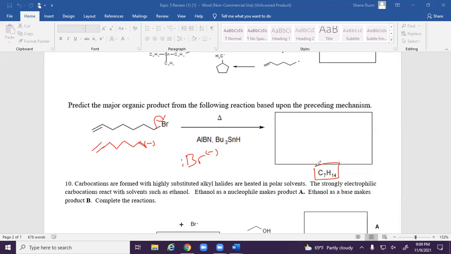The concept for figuring out whether something has double bonds or not, the degrees of unsaturation. How do you remember how to do it?